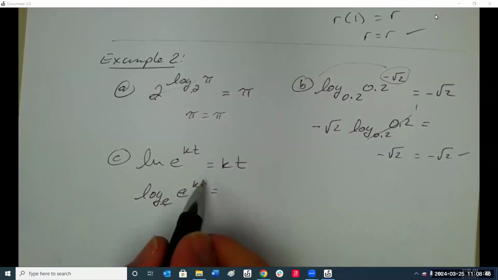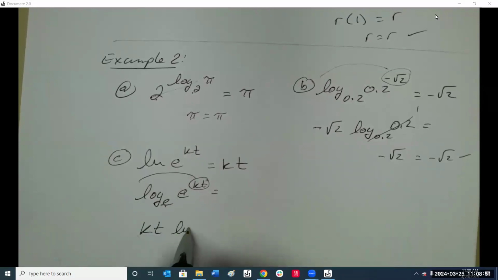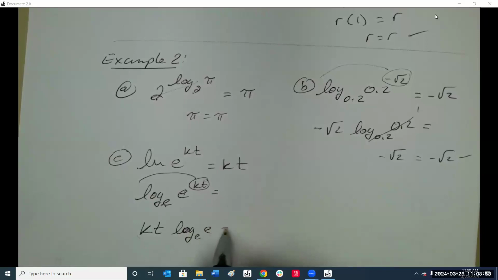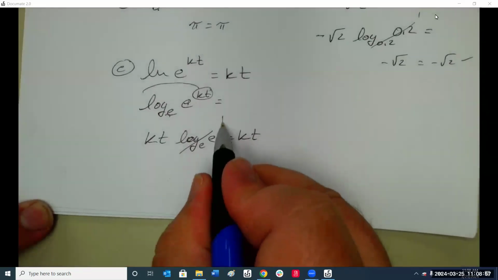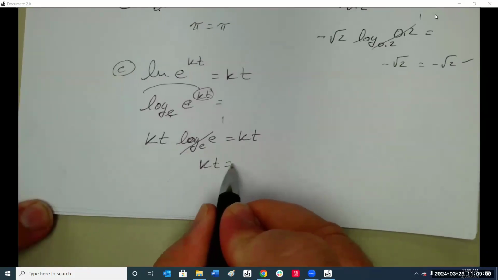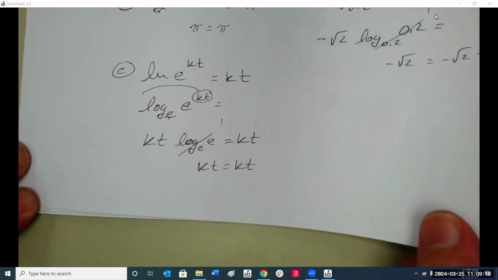Since they're the same, the exponent goes out in front. Log base e of e is 1. So kt equals kt. I heard you say e earlier. You were right. So far, so good. Now let's look at the next 4 properties.